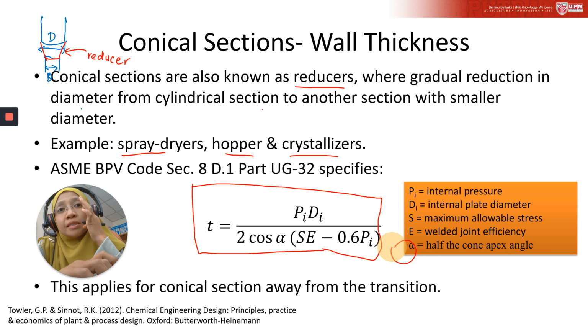Normally there is a transition between the reducer and the main vessel, to increase the strength of the vessel, especially if your vessel is working under high pressure.